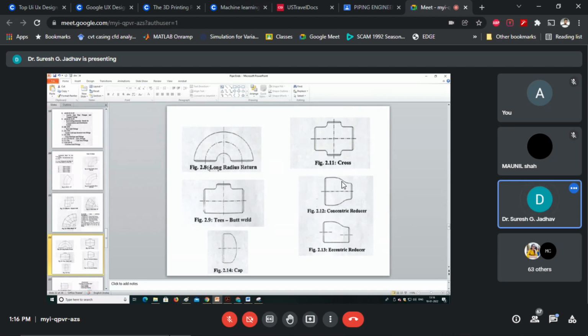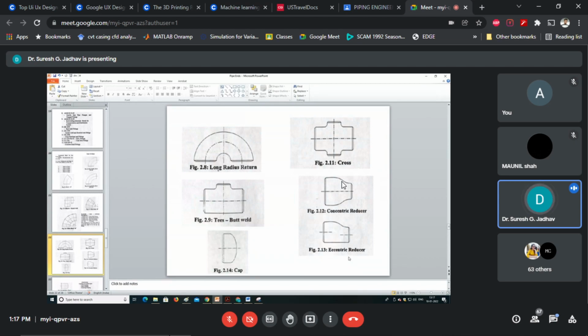Now next is tees. Then we can consider reducers, concentric reducer and eccentric reducers. Here there are two types of reducers available in piping industries. First one is concentric reducer and second is eccentric reducer.